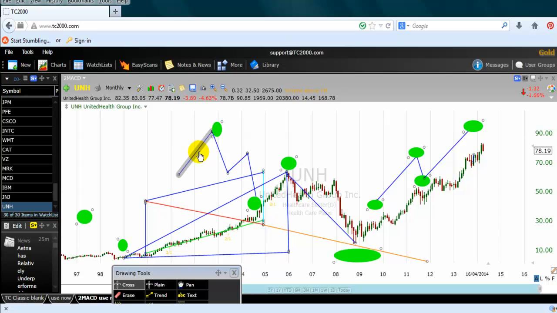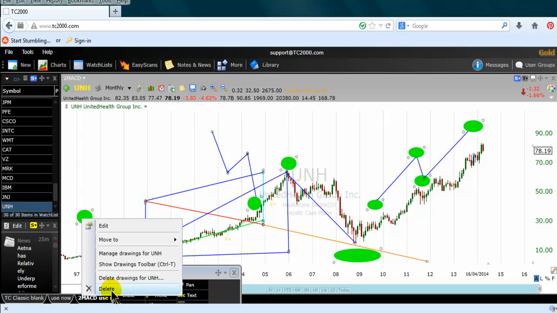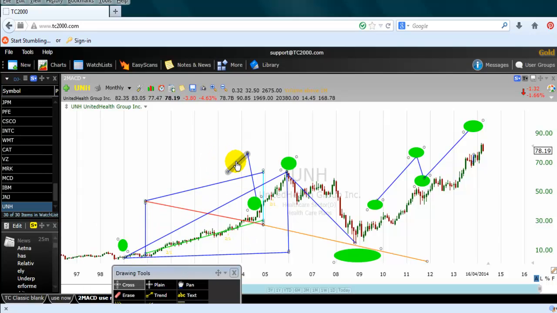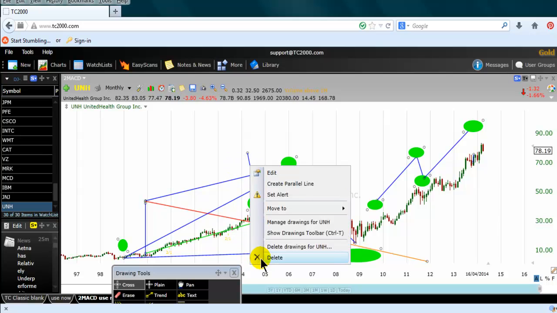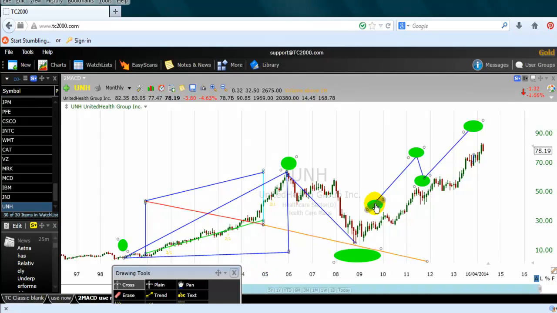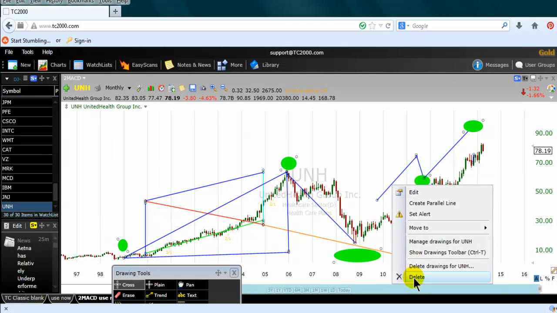So stay with us as we continue with this demonstration about how we can combine the Elliott wave analysis and the ABCD chart pattern. Hold on a second as I remove my lines one by one on this chart. I do not need them anymore because we have clarified the ABCD and the Elliott wave cycle.